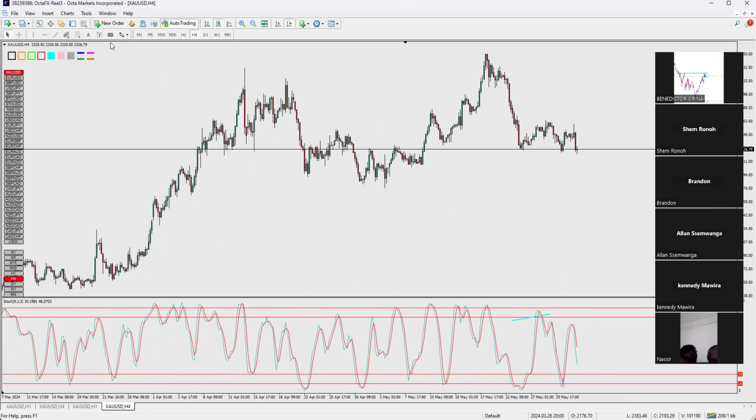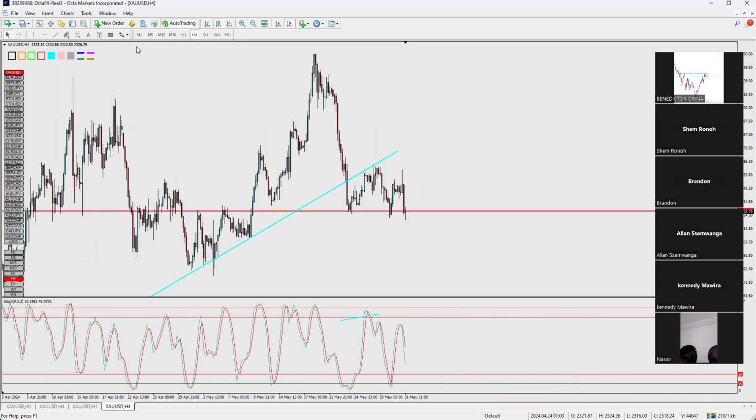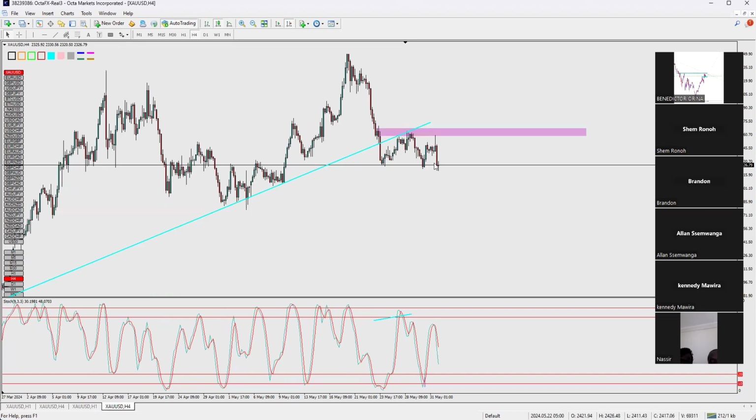If I draw a trend line, there's a breakout and there was a retest. Right here where we have this supply zone, it has already retested, so it has the second retest. Breakout, retest, dropped to the previous low, retested back. So it's like it's going to continue dropping down.